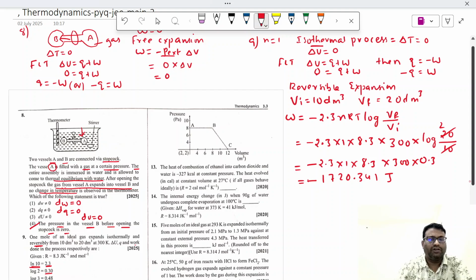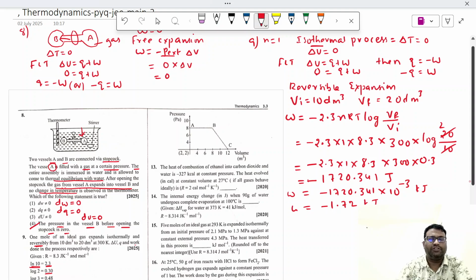If you want to convert into kilojoules, then minus 1720.341 into 10 power minus 3 kilojoules. Approximately, what do you get? Minus 1.72 kilojoules.